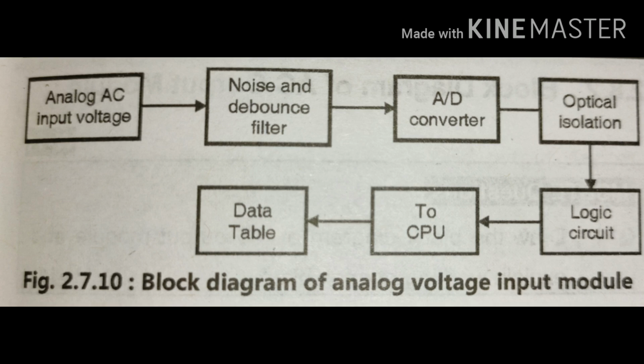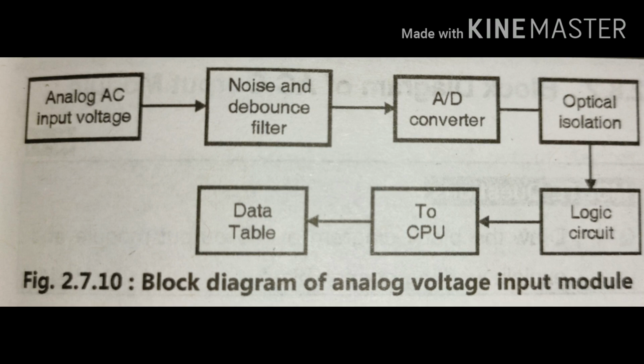Analog input modules are selected to accept either a current or voltage input signal. The input signal levels are usually 0 to 10 volt DC, minus 10 to plus 10 volt DC, 0 to 5 volt DC, 1 to 5 volt DC, or 0 to 20 milliampere, etc.